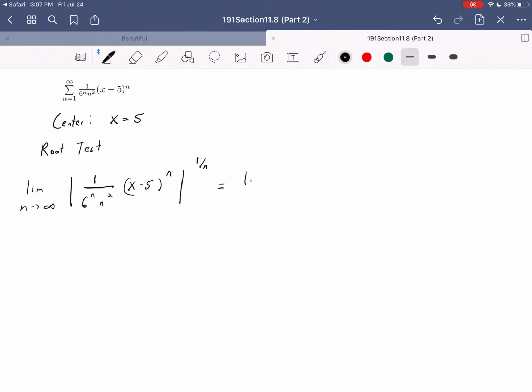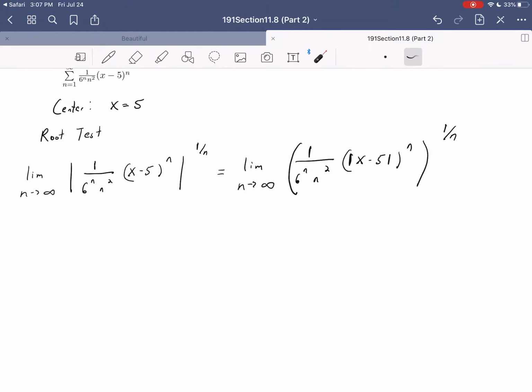So let's rewrite this as the limit as n goes to infinity, 1 over 6 to the n squared, which is always positive, so no need for absolute value bars, then the absolute value of (x minus 5) to the n. This needs an absolute value because we don't know what x is, so subtracting 5 might result in a negative number. And then all of that to the 1 over n exponent.